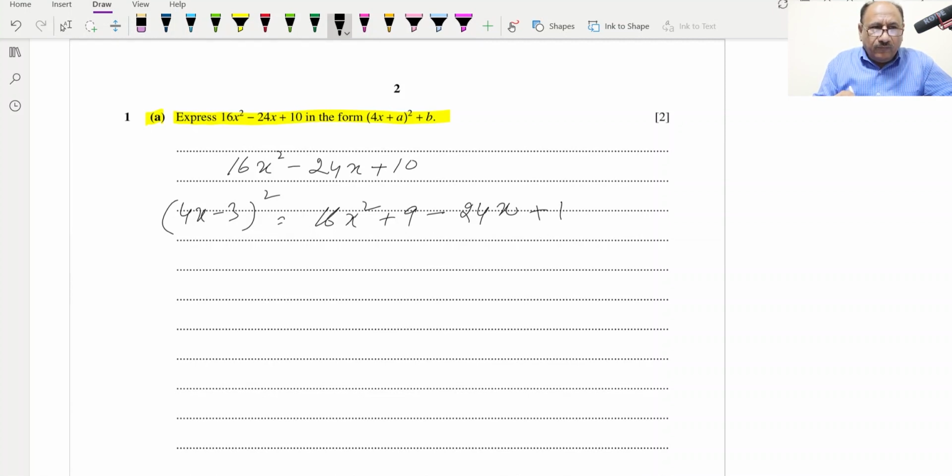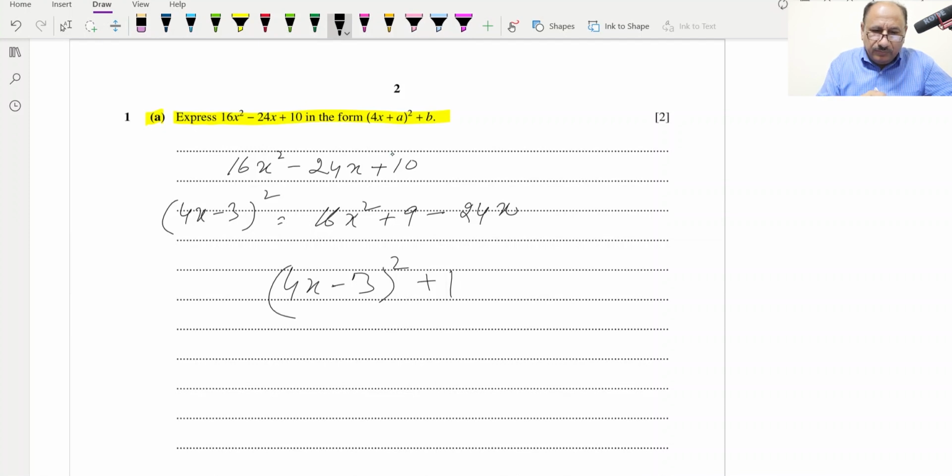So now we can compare it. For example, the a value will be minus 3. So we can rewrite it as (4x minus 3) squared plus 1. Basically, instead of adding plus 1 here, we add it over here.